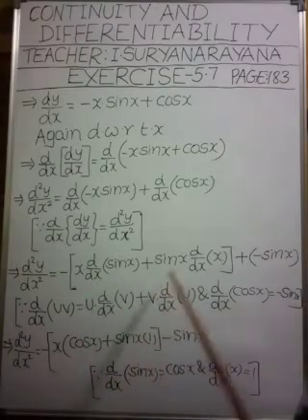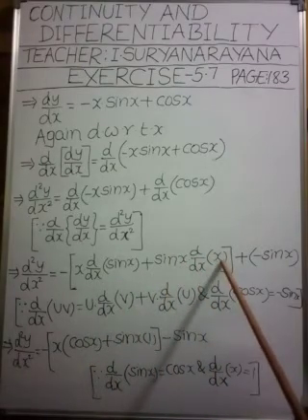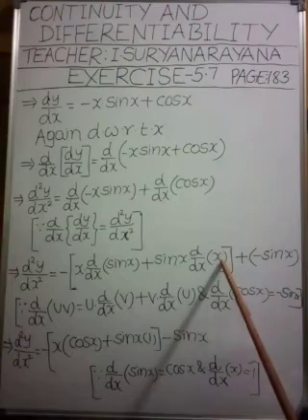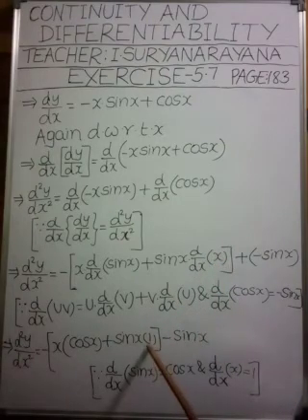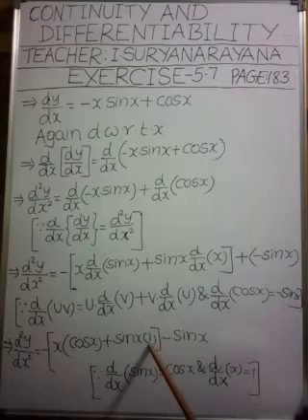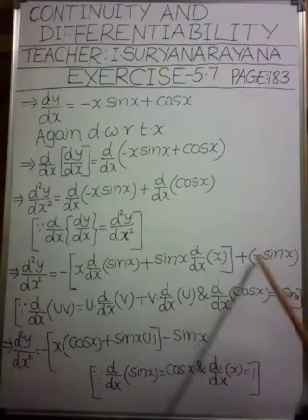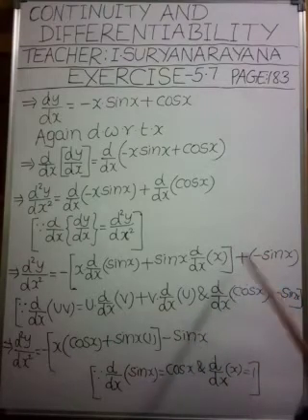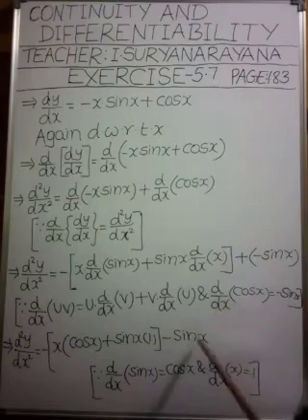Plus sin x into d by dx of x. What is the value of d by dx of x? 1. Do you remember that formula, my dear children? Right. Plus, here plus into minus, what will you get? Finally, it is minus sin x. Understood this step, my dear children?